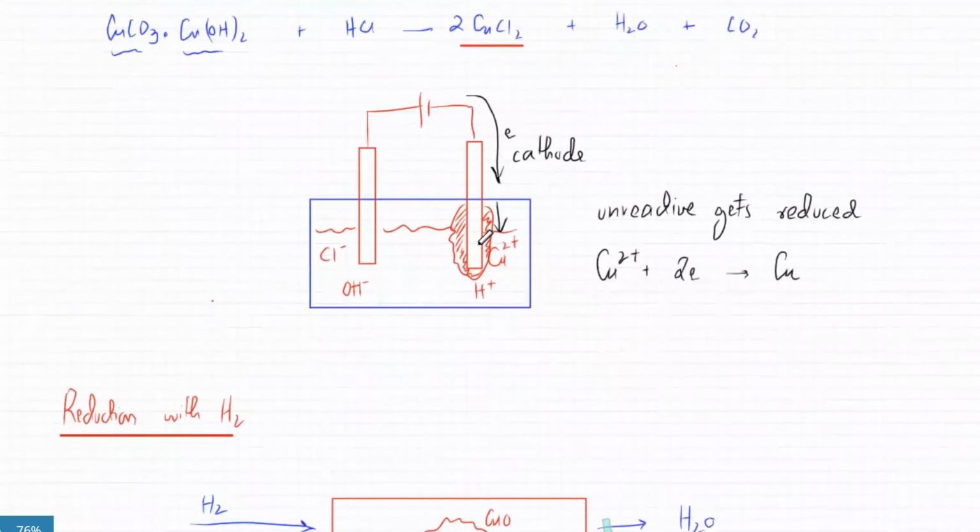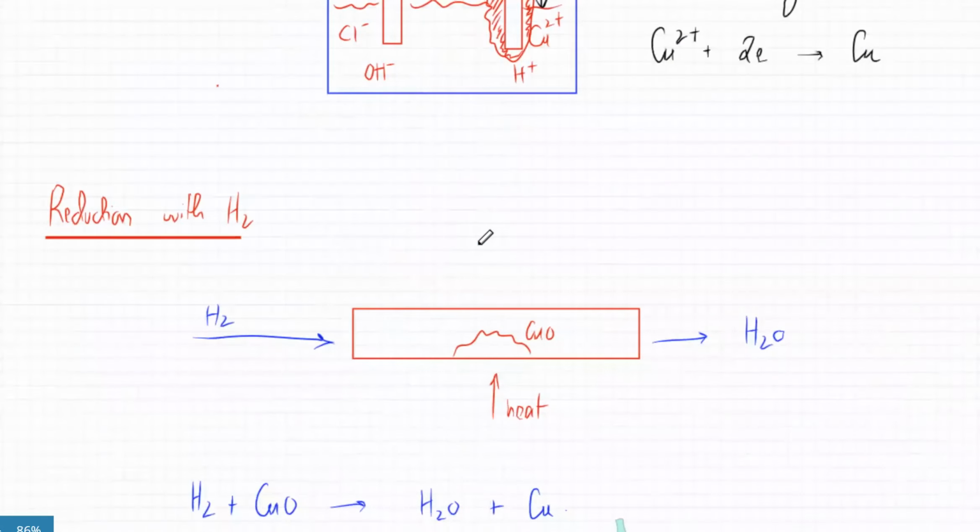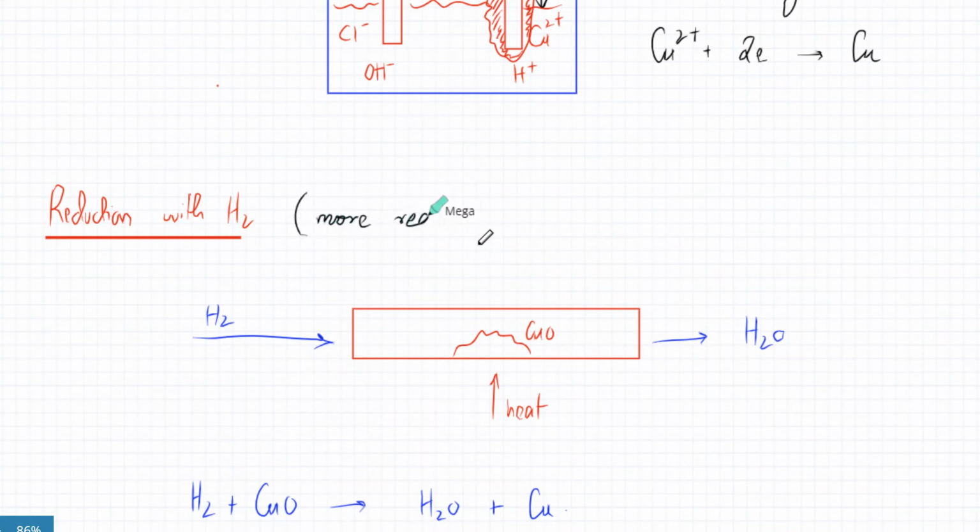And then there was reduction with hydrogen. What you could do is, a more reactive metal always displaces a less reactive metal.